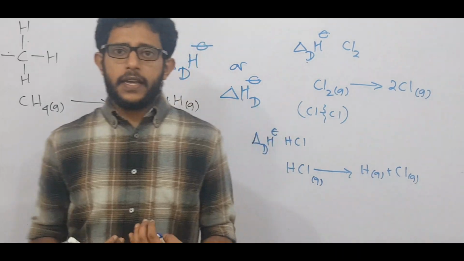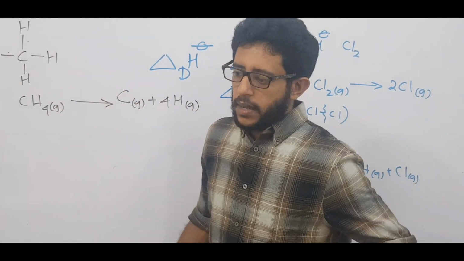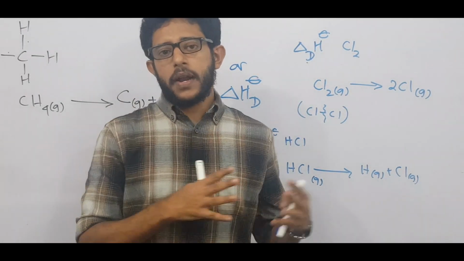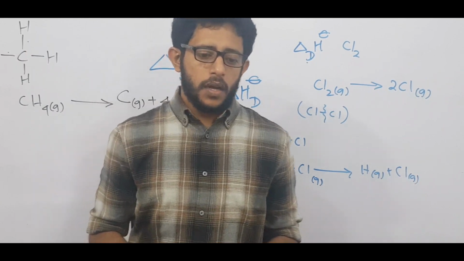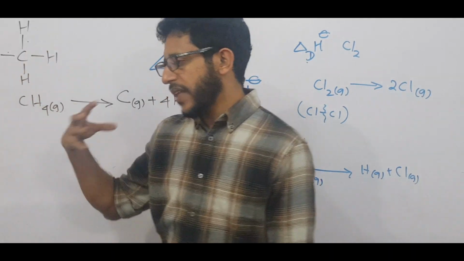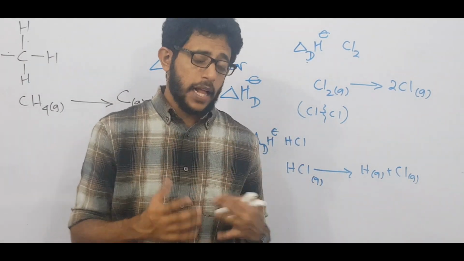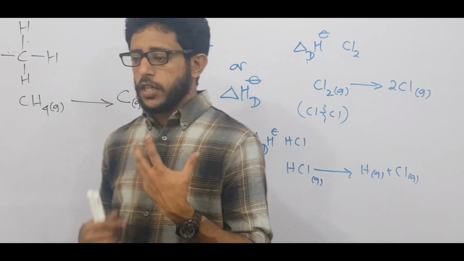So commonly, if there is more than one bond in a gaseous molecule, we use something called mean bond enthalpy value, or average bond enthalpy value. Because not only for CH4, in any molecule, the enthalpy value for the bond dissociation will be different from compound to compound.